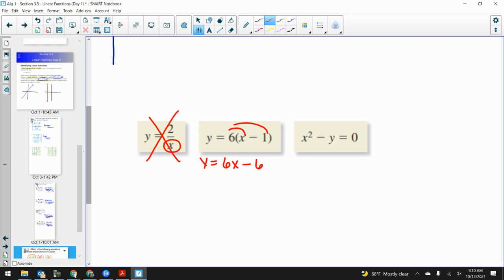So this is linear. All it's doing is being multiplied by a number and then subtracted by a number. Now, is my last one linear? No, because I've got an x squared, and that cannot happen. I think I just went 1 for 6.